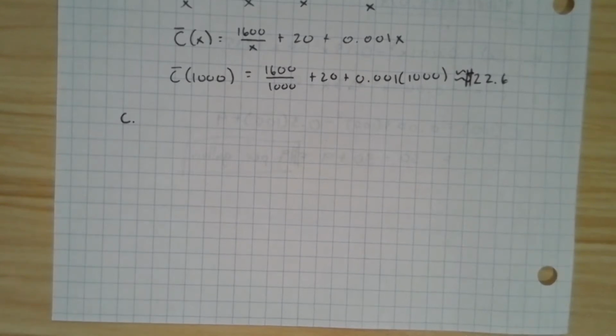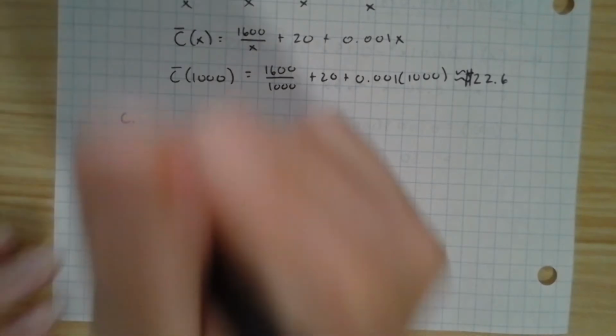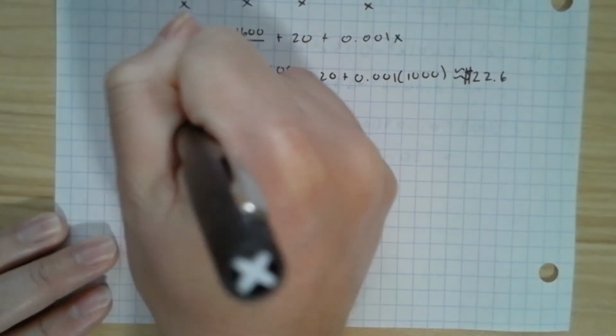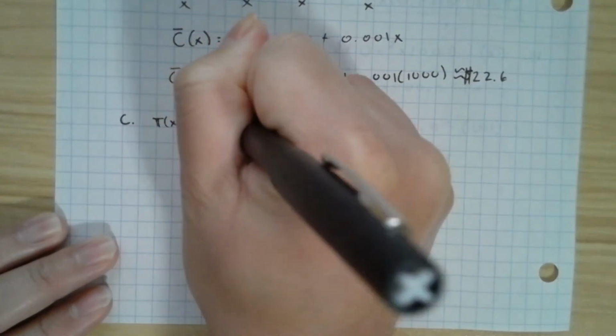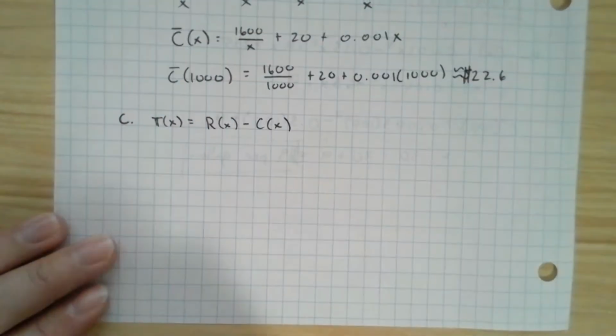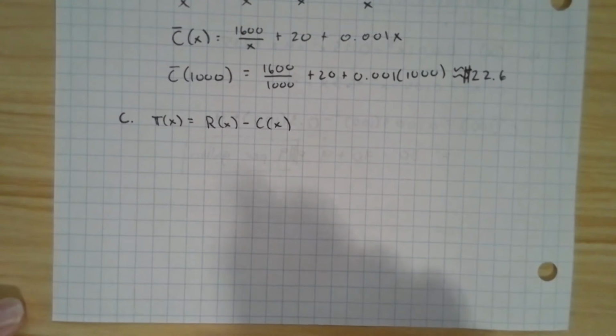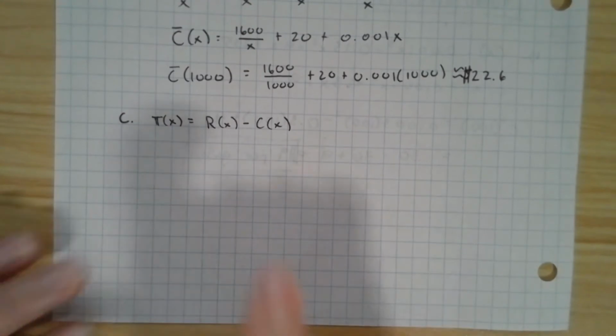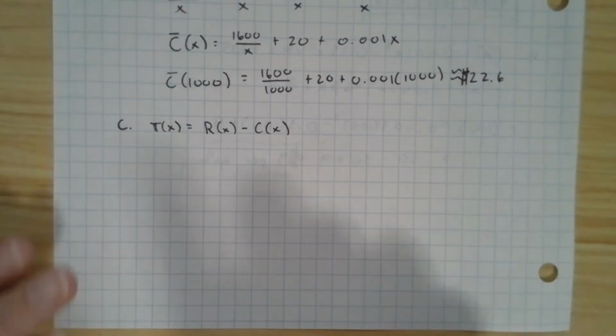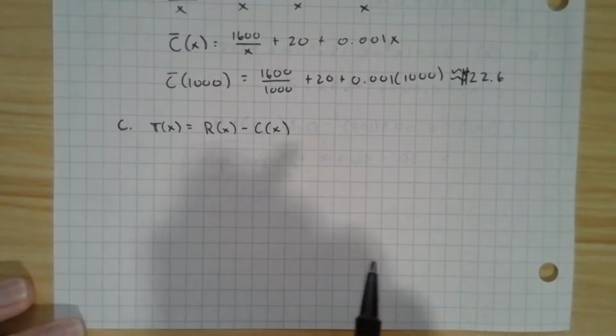Okay, so it says suppose again the monitor sells for $35, write the profit function. So the profit function is, remember, the revenue function minus the cost function, also given to you in the Unit 4 reference. They're telling you that, so we know what the cost function is. That was provided to us. For the revenue function, they told you suppose the monitor sells for $35.